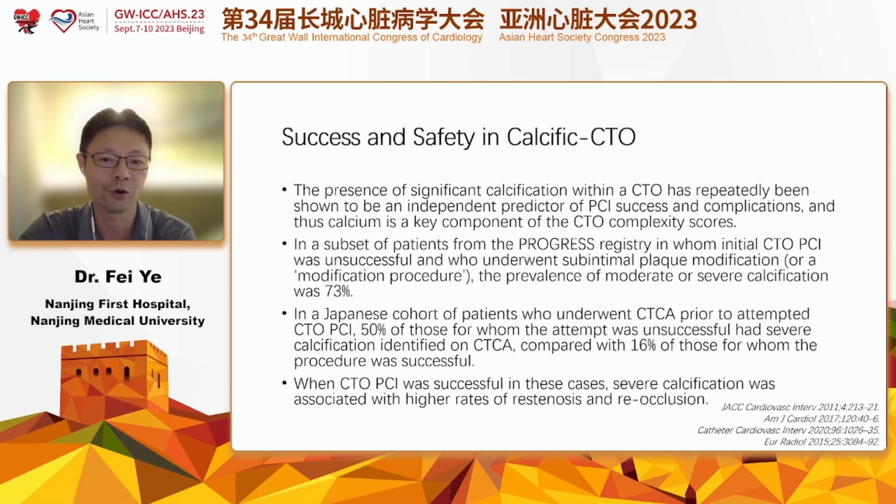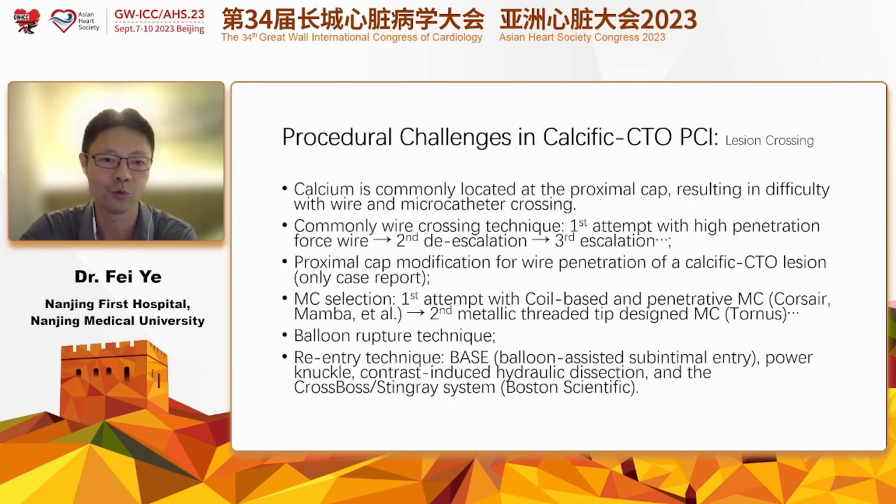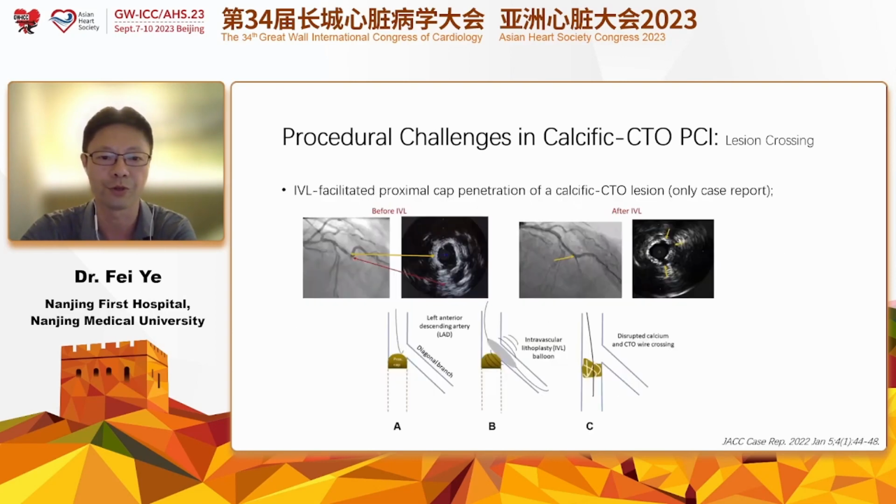I will go quickly. So the procedural challenges of calcium in CTO PCI. Calcium is commonly located at the proximal cap, resulting in difficulty with the wire. So common wire escalation and de-escalation based on the wire position.